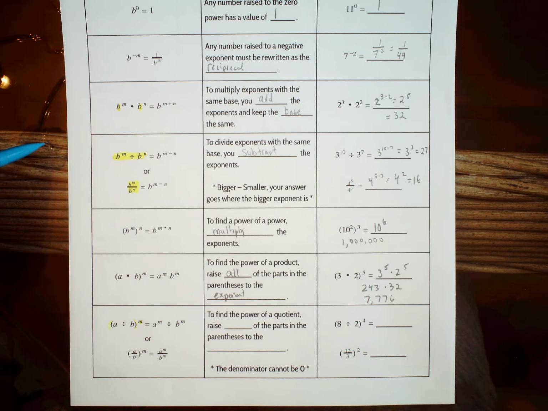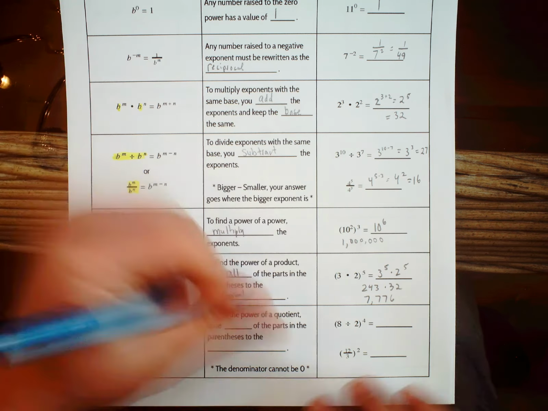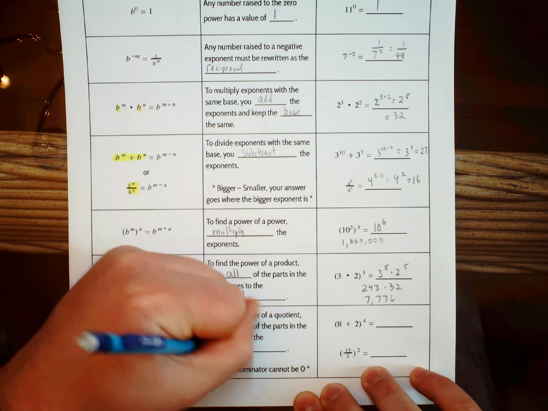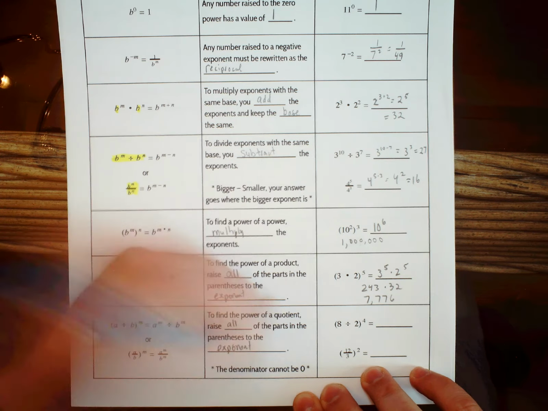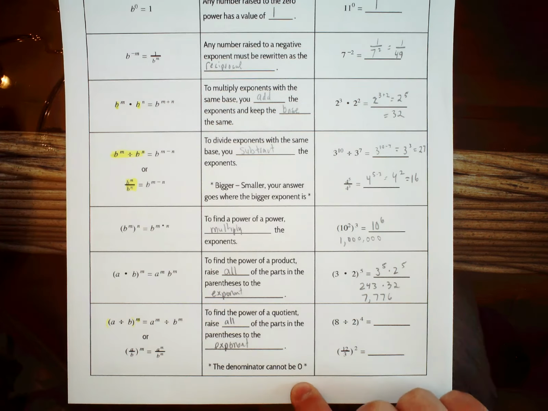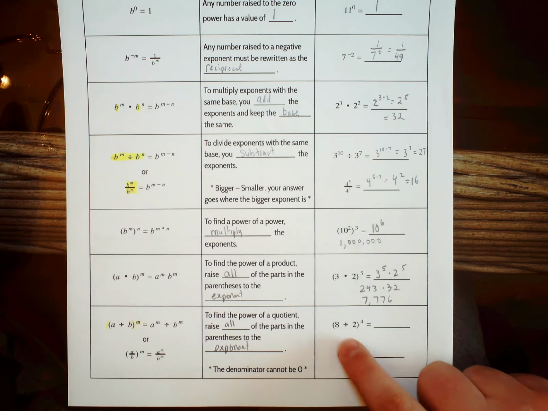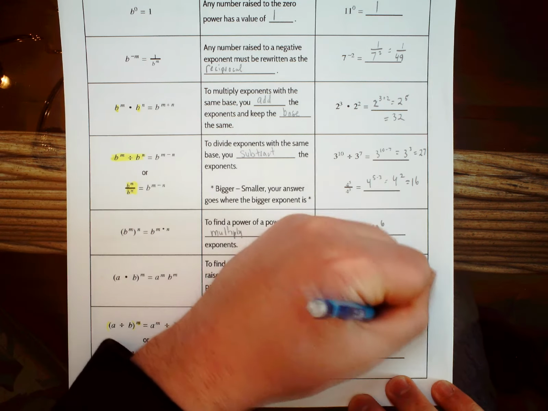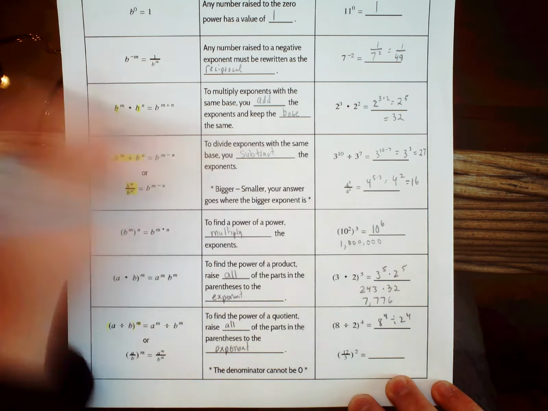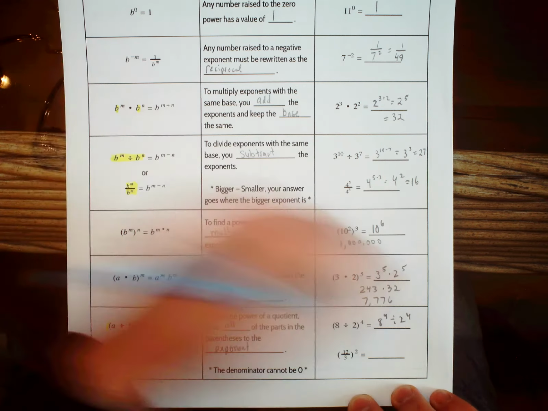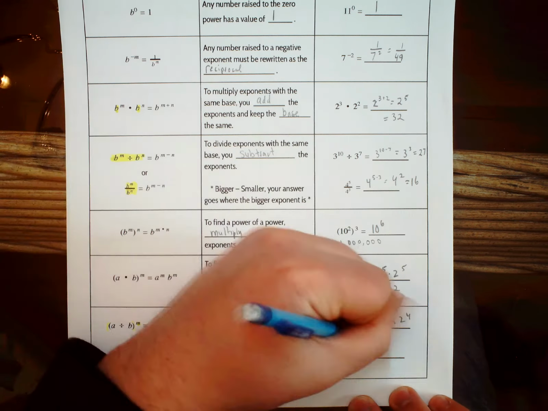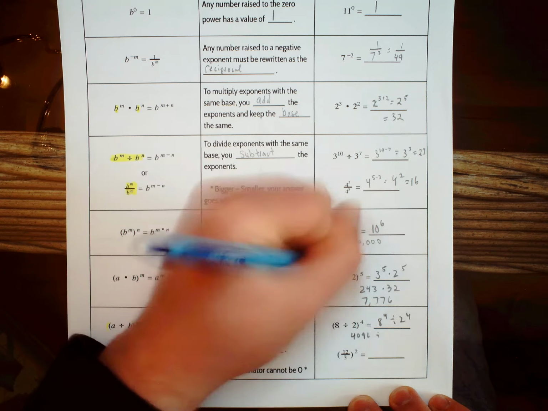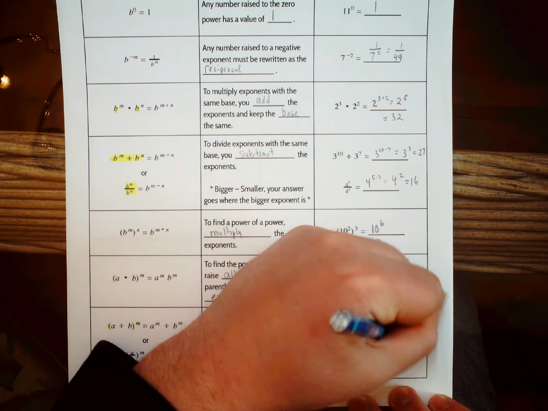So to find the power of the quotient, you're going to raise again all parts of the parentheses to the exponent. A little note here, the denominator can't be 0. So here, 8 divided by 2 to the 4th, it's really 8 to the 4th divided by 2 to the 4th, which is 4096 divided by 16.